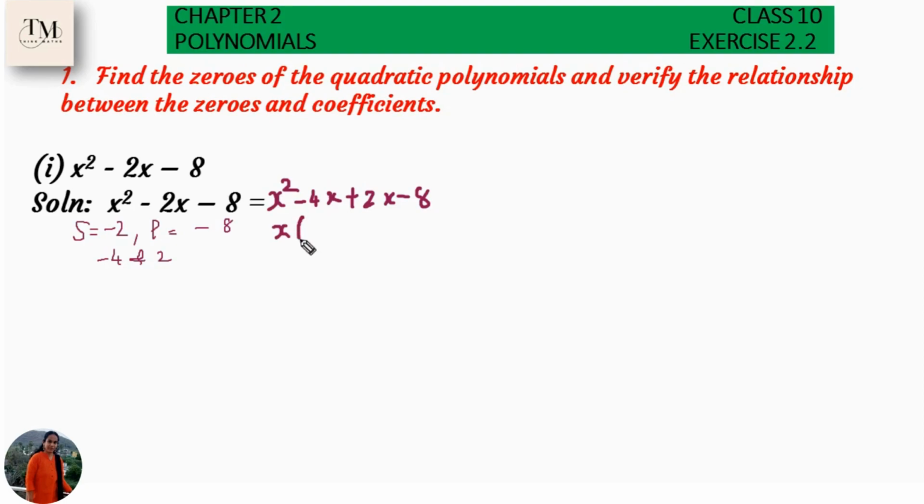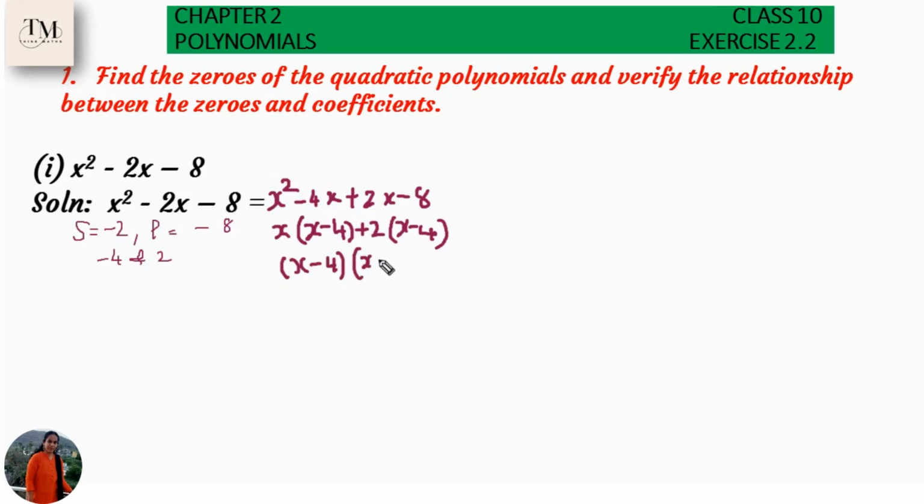If you take x outside, it will be x minus 4, plus I take 2 outside, so the remaining will be x minus 4. So x minus 4 is common here, so x minus 4 can be taken outside, so there will be x plus 2.